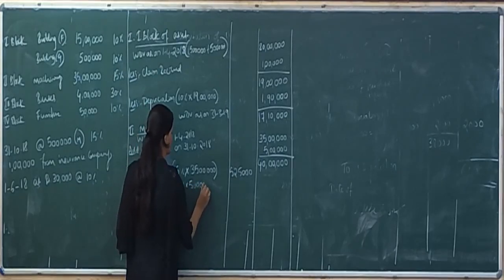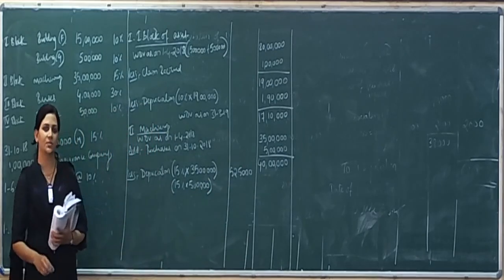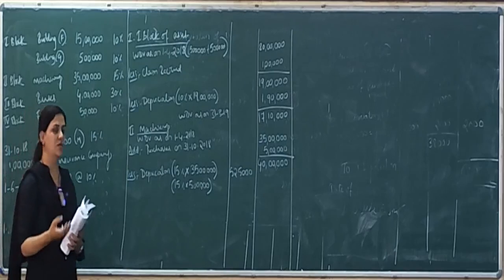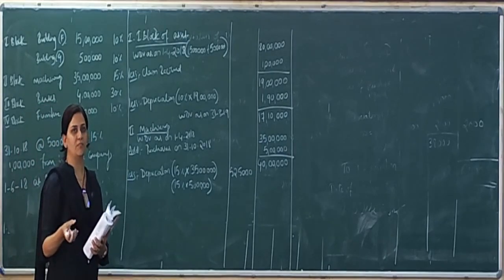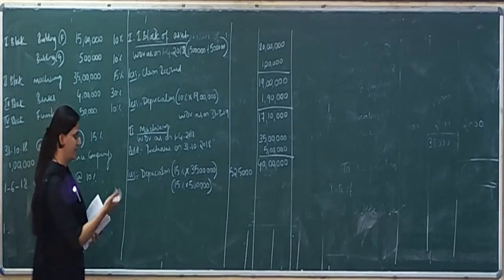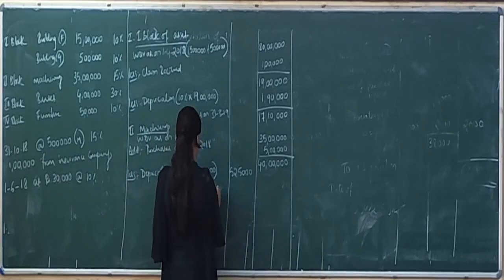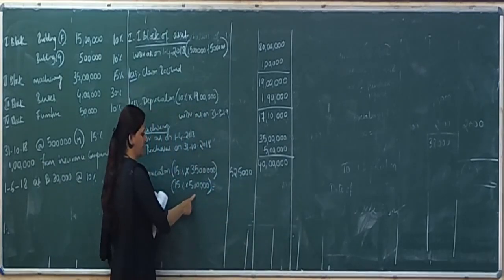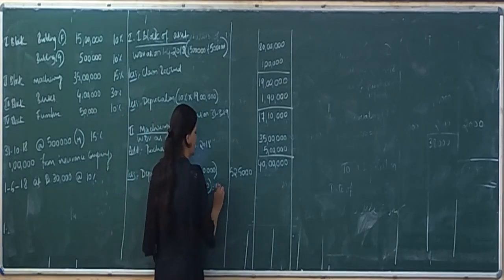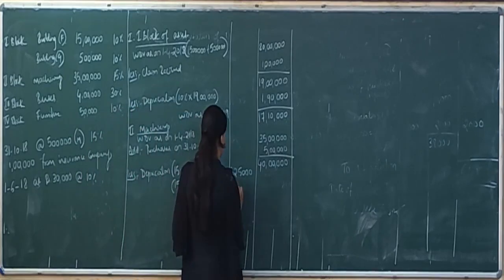Even on that we are going to charge the depreciation, that is 15% of 5 lakhs. So now for how many days is it used? It was purchased on 31st October. So November, December, January, February, March means it will be less than 180 days. We are going to provide half of the depreciation rate. So now here, okay, 15% of 5 lakhs again into 50% of that comes to 37,500.